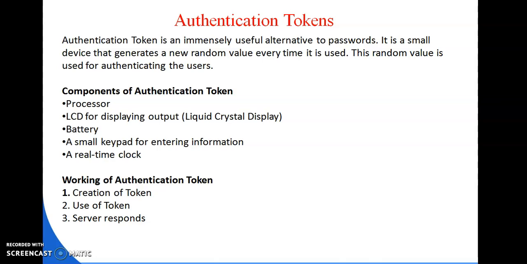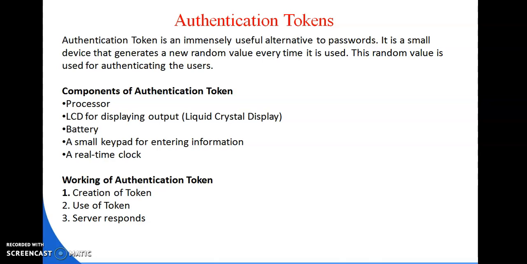First, the creation of the token. When an authentication token is created, the corresponding random seed is generated for the token by the authentication server. The seed is automatically used by the authentication token, due to which the value of the seed is not known by the user.